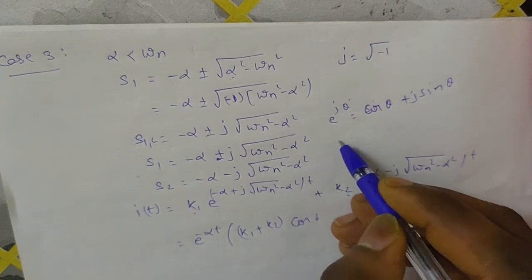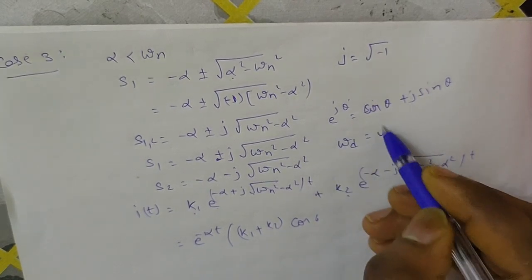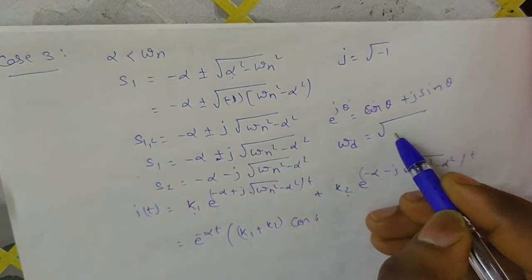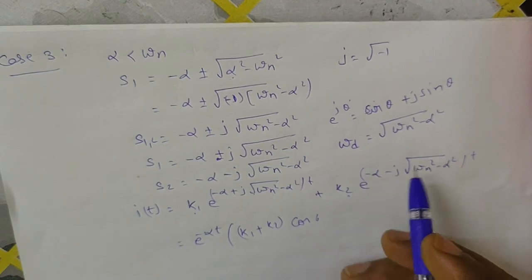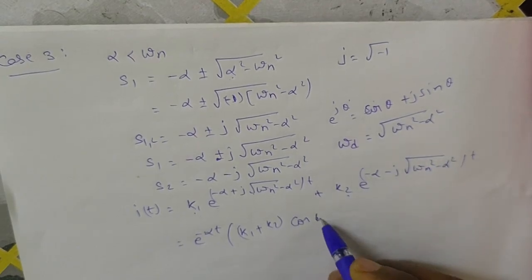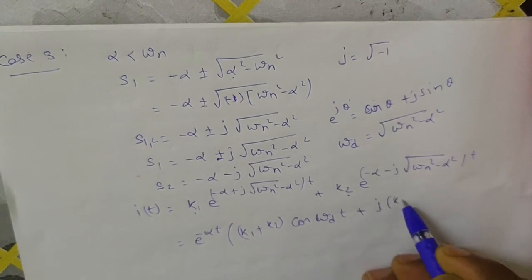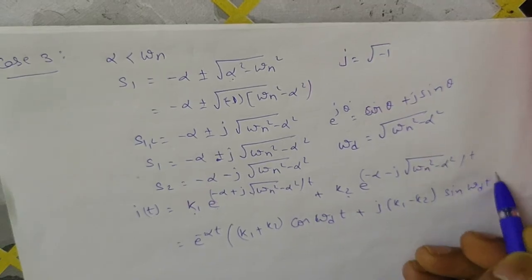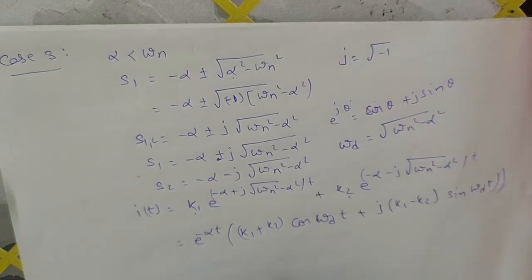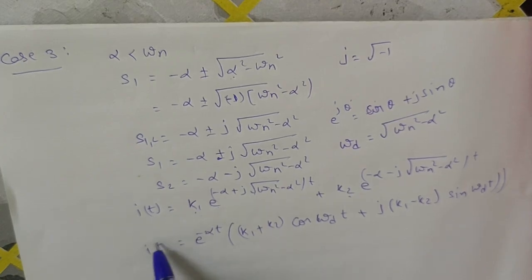We will let omega d be under root of omega n square minus alpha square. Then it is cos omega d into t plus j times k1 minus k2 sin omega d into t. Therefore, this is the current equation.